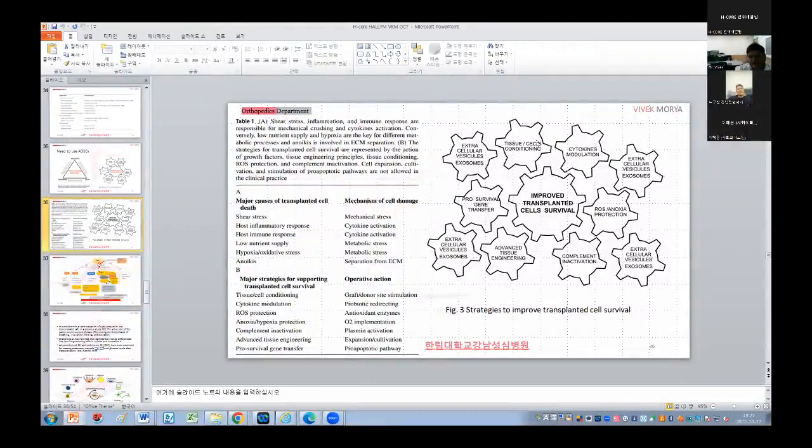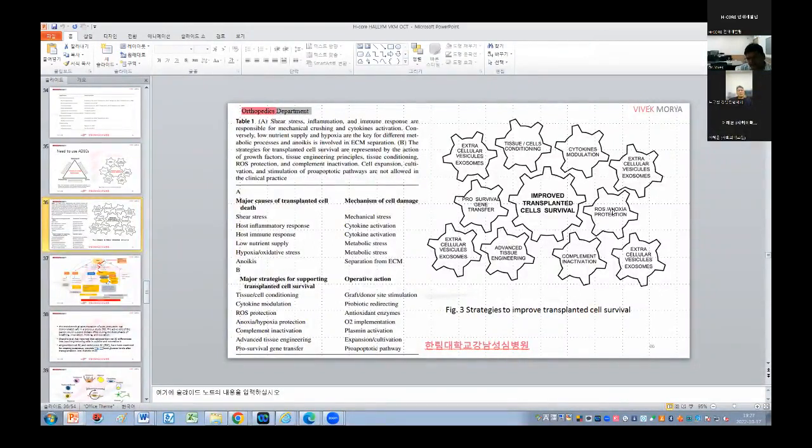Then tissue cell conditioning is very important when we inject any stem cell to a localized area. Then cytokine modulation is very important because most of the time the cytokine is a culprit which doesn't allow the specific stem cell to grow, because a stem cell is a proliferative cell. So definitely we need a guided type of healing there. Then the extracellular vesicle and exosome supplement again plays a very important role.